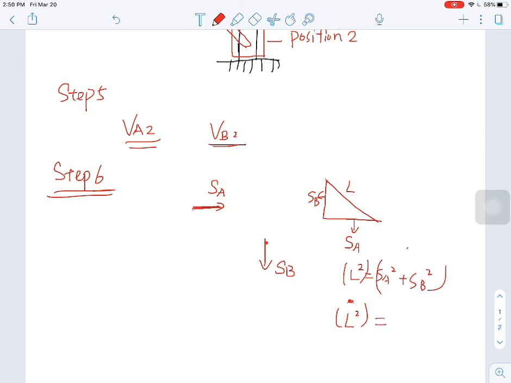Then you will end up with something with VA and something with VB, I will leave that for you. Since the length won't change, this whole term goes to 0, and you would be able to build a relationship between VA and VB to solve this problem. Alright, so I will leave the rest of the problem for you.